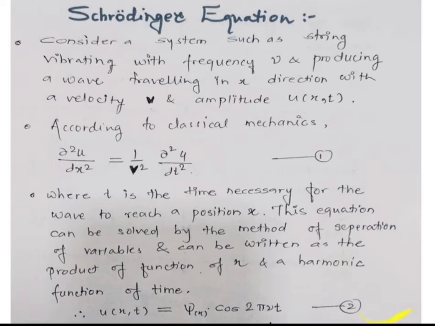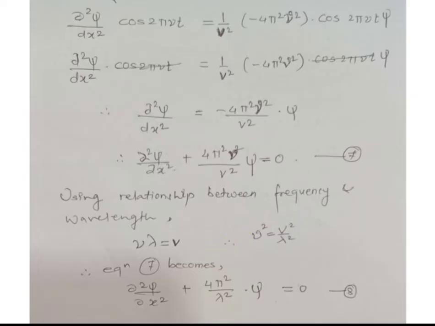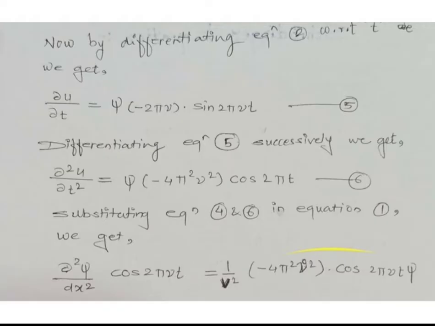So write the equation in terms of the change in time. The equation can be written as del u divided by del t is equal to psi of x into minus 2 pi nu into sine 2 pi nu t.